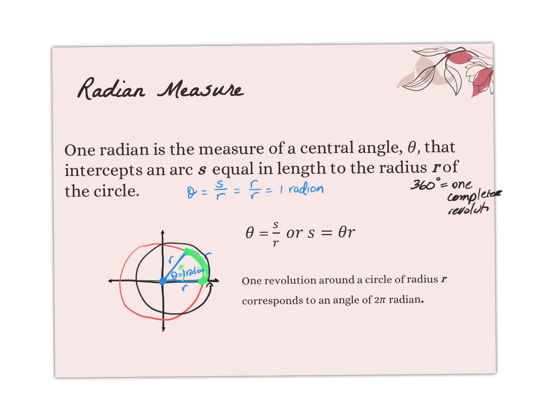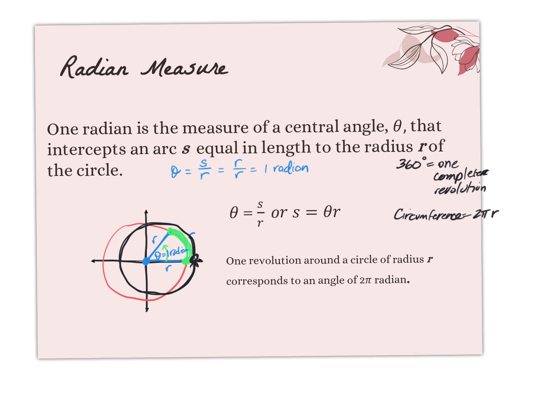Well, in terms of radians, what is the measure of 1 complete revolution of the circle? You know that the length of the entire circle is equal to the circumference, which is 2 times pi times the radius.